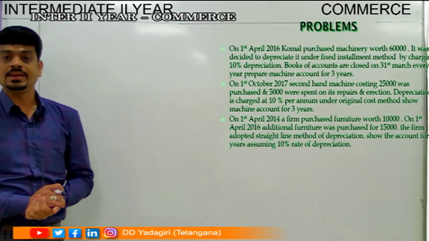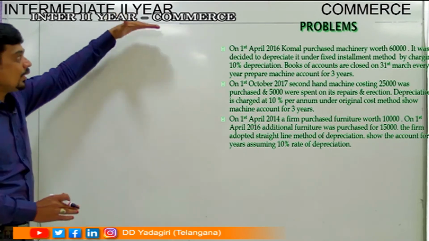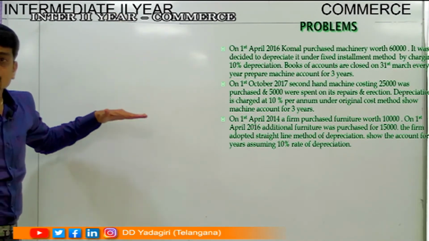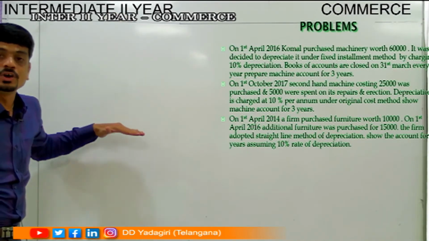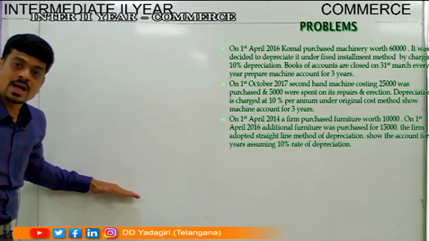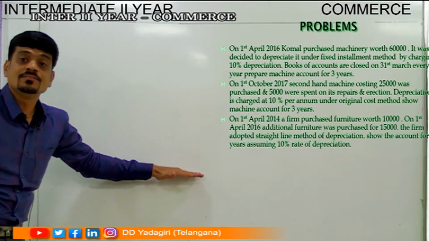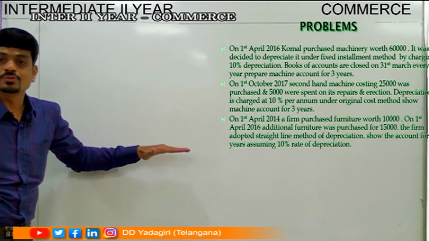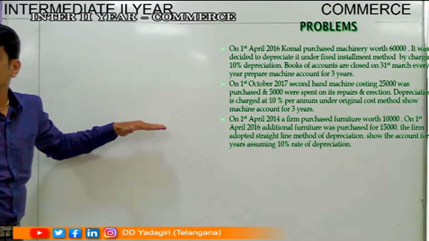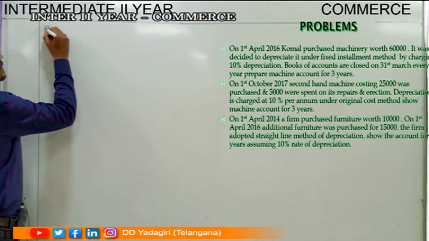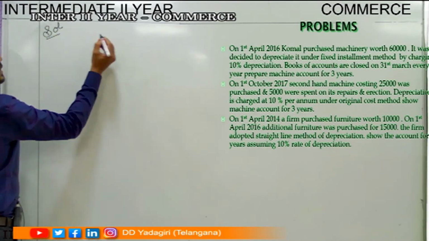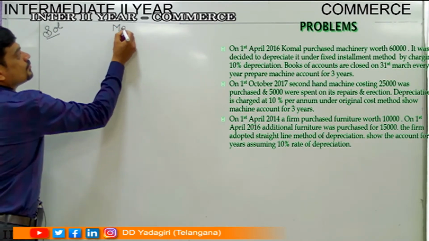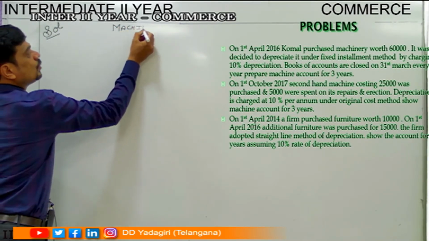So how to do the problem? Always keep in mind, whatever paper you have, you need half paper for your solution, and the remaining half paper we'll use for working notes. So focus on how I am solving on the blackboard now. First write the heading. Which account?